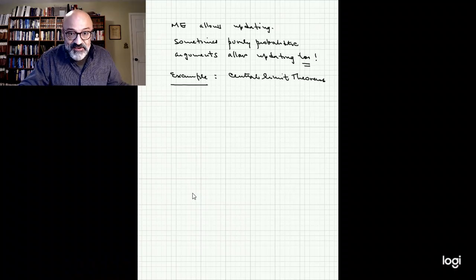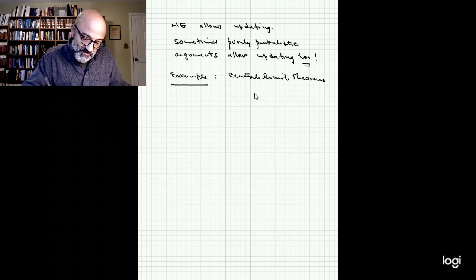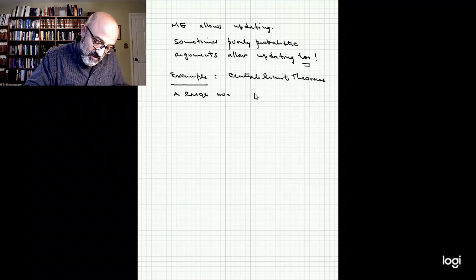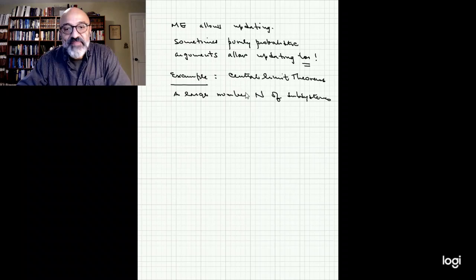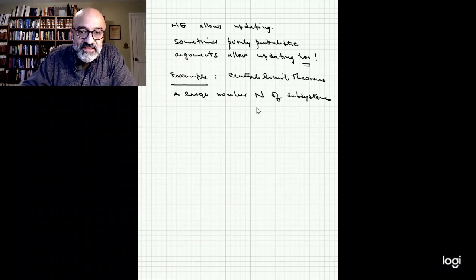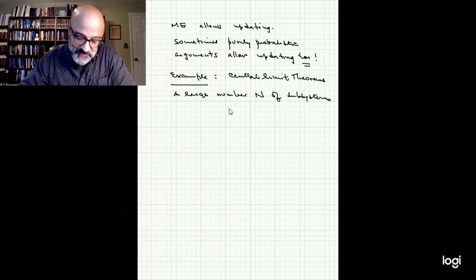It is actually really nice to see how you can, with purely probabilistic system arguments, when you have a large number n of subsystems, then the kind of predictions and inferences you're going to draw are completely in agreement with the method of maximum entropy.